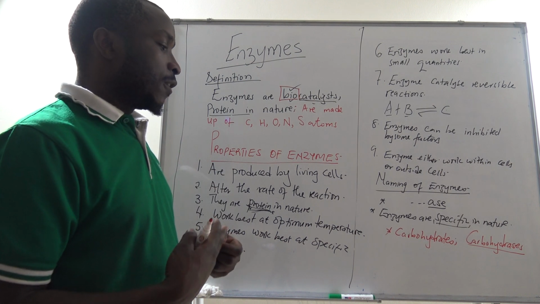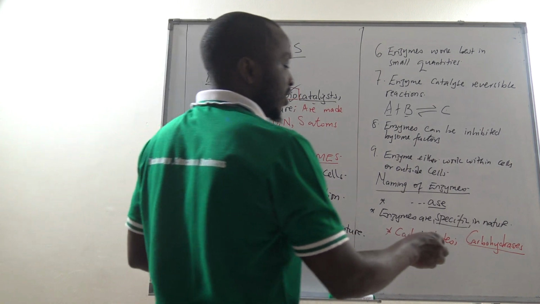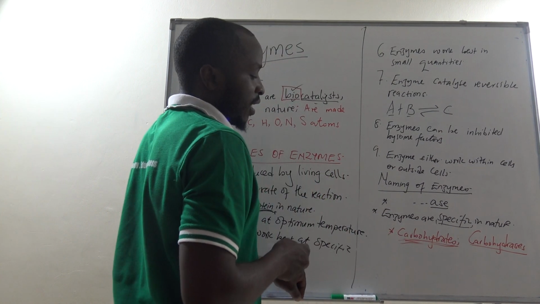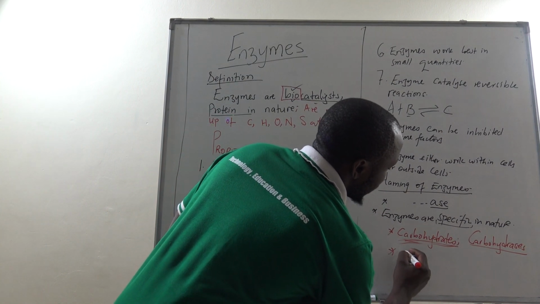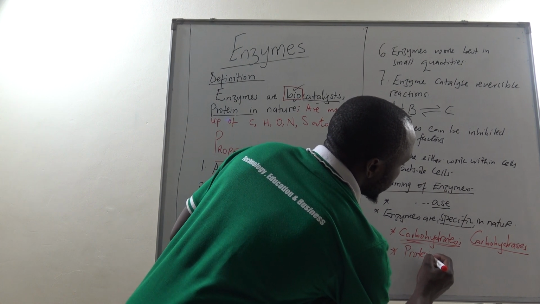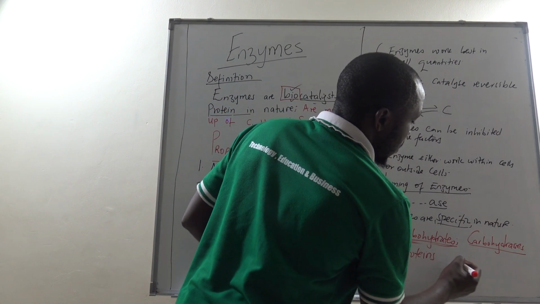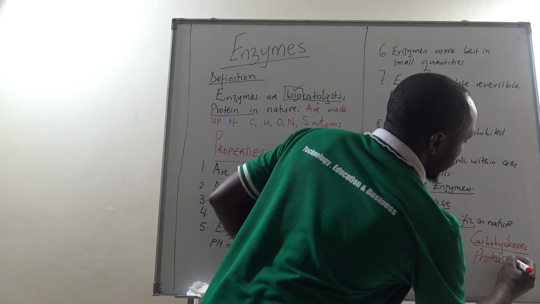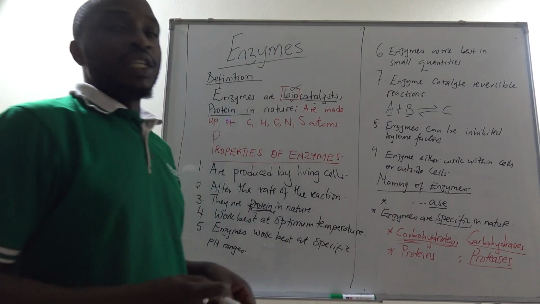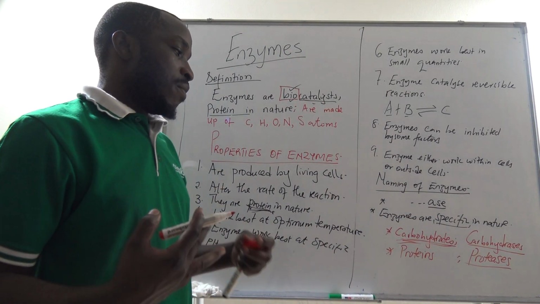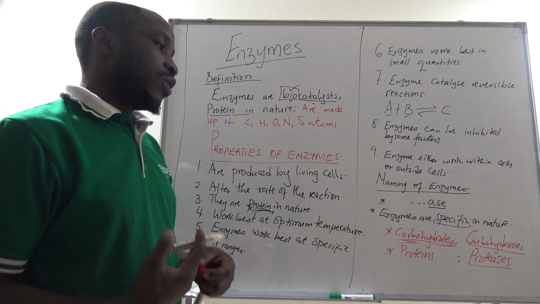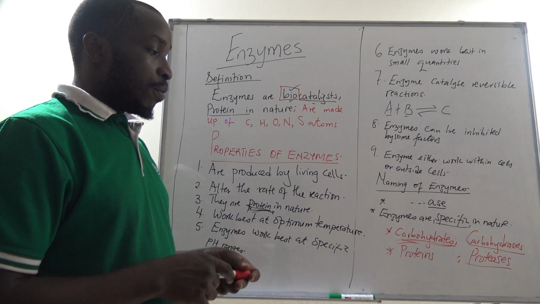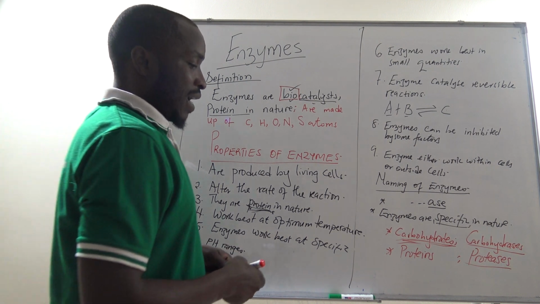Those are specific to glycosidic bonds. That's what they catalyze. Then an enzyme that works on proteins, we shall classify at once and say those are proteases. But we have several proteases because there are very many types of proteins. We have peptides, dipeptides, and even polypeptides, among others.